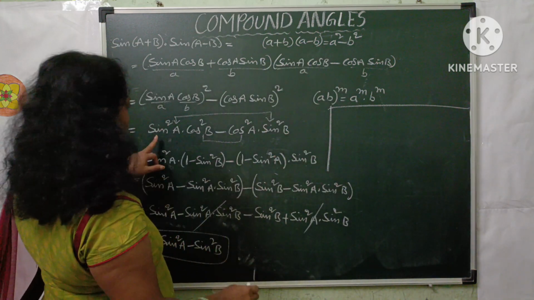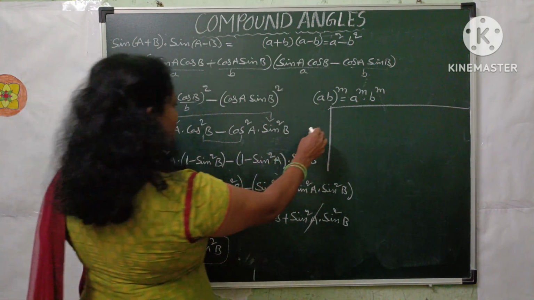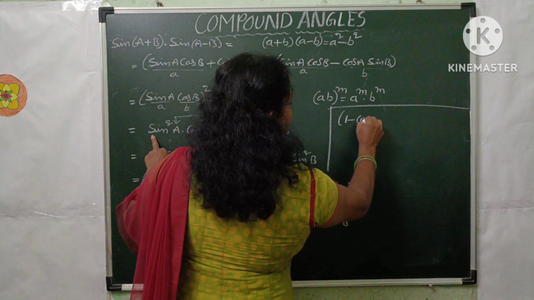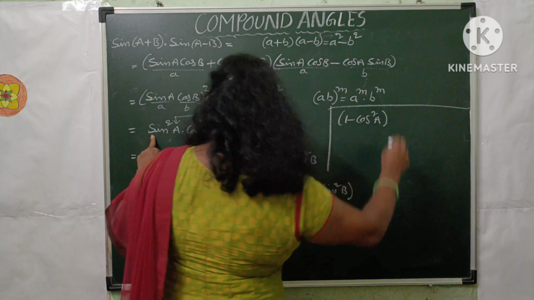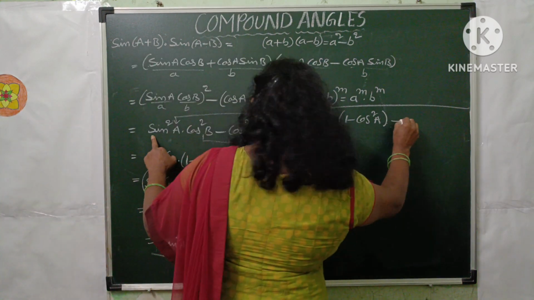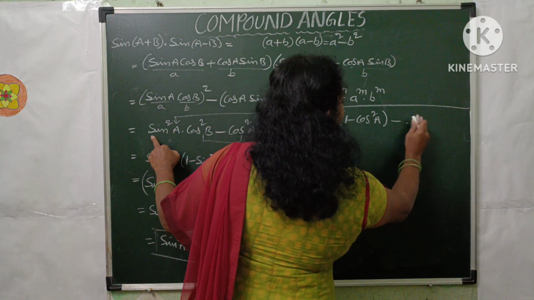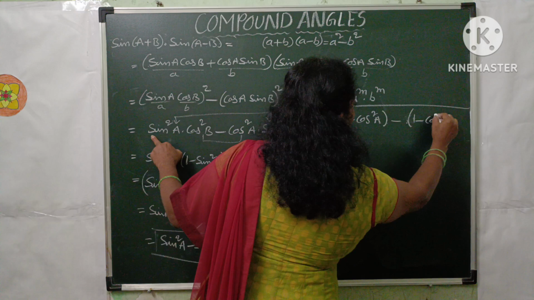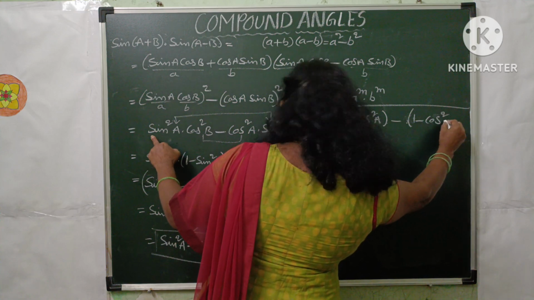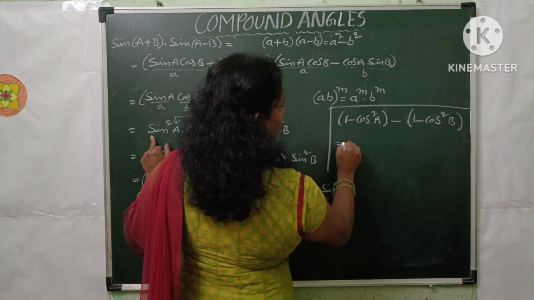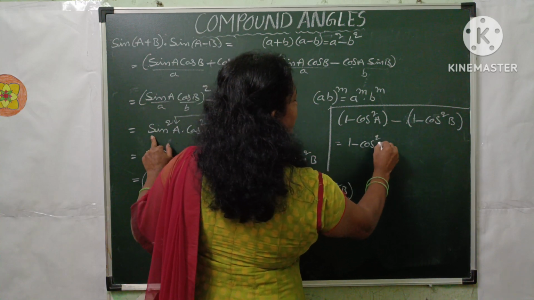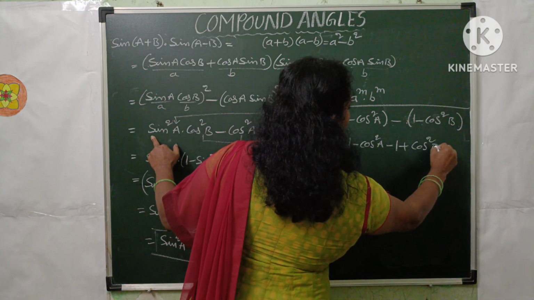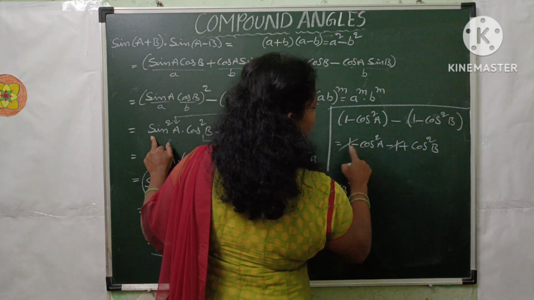Okay, here what is that? If you change, same ratios only. So sin square a, how can you write it? 1 minus cos square a. Okay, and here minus sin square b, how can you write it? 1 minus cos square b. Now 1 minus cos square a minus (1 minus cos square b), minus into minus is plus cos square b. 1 cancels with minus 1.